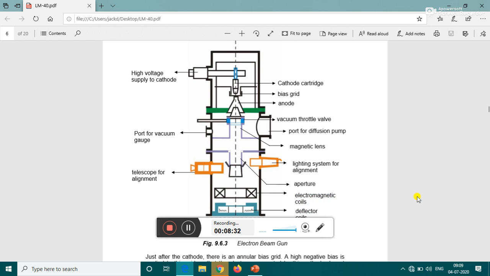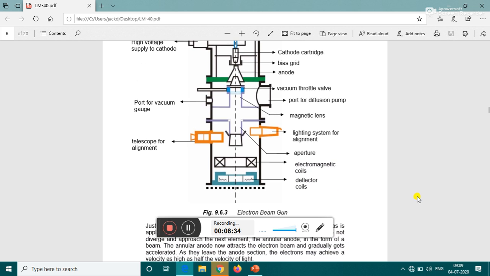Now after the electromagnetic coil, you have the deflector coils. This is here. And why is it used?